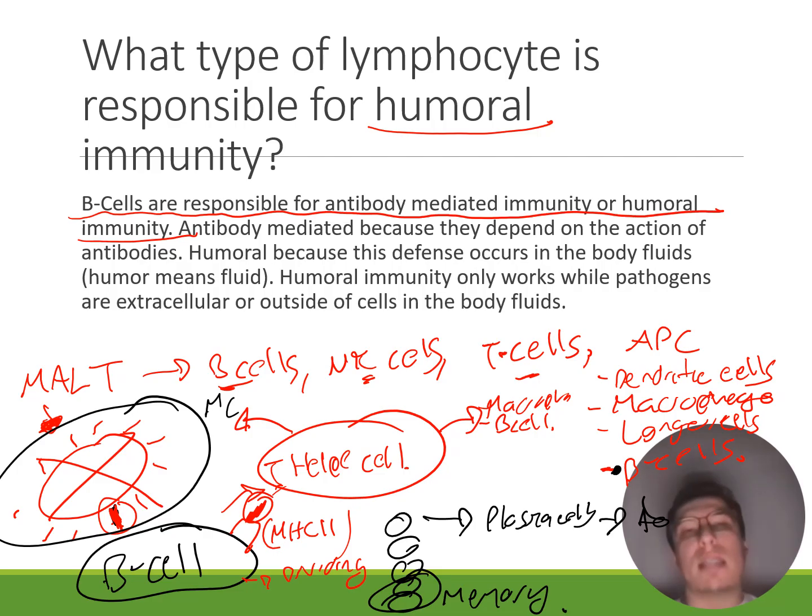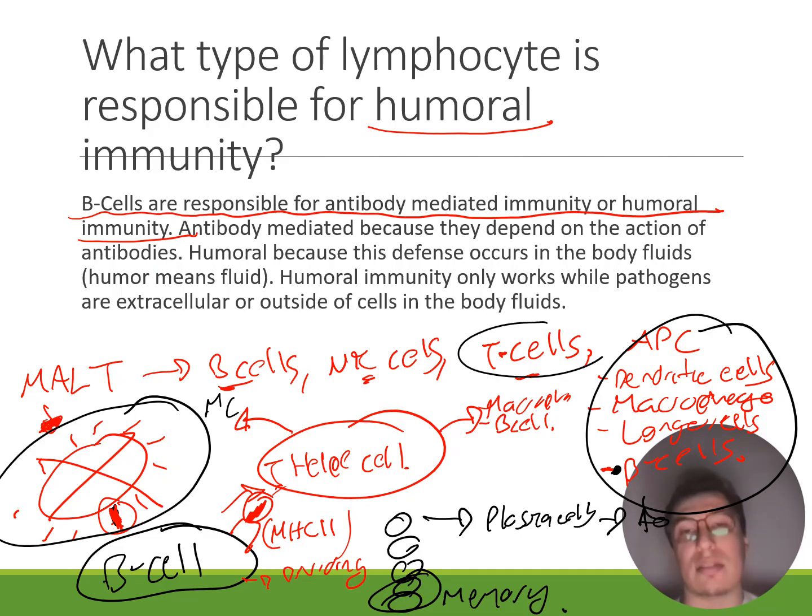There are multiple ways in which we can create antibodies, but as you can see, we have a couple of players in this process. We have B cells, NK cells, T cells, and antigen presenting cells. The antigen presenting cells' main role is to gather up information about the pathogen so that they can present it to the T cells, more so the helper T cells.